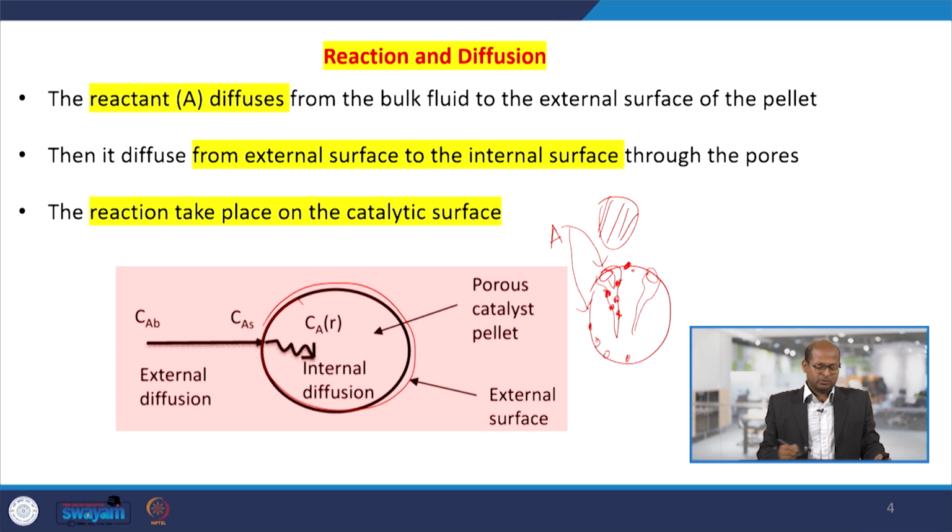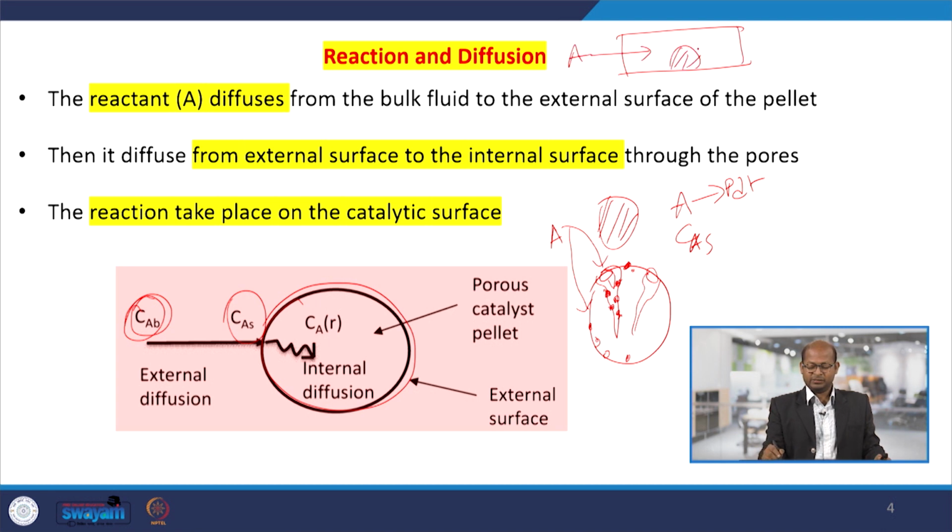If you talk about the reactant concentration, here the reactant is A. This is the surface concentration of the catalyst surface, and the reactant that is fed into the reactor initially has a higher concentration. This is called the bulk concentration, when it is fed and reaches the catalyst surface. Let us say the catalyst is here. The reactant molecule passes through this way and interacts this way.